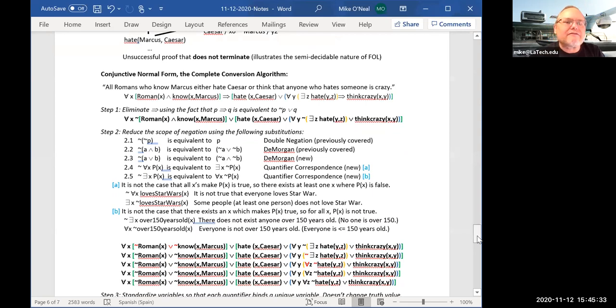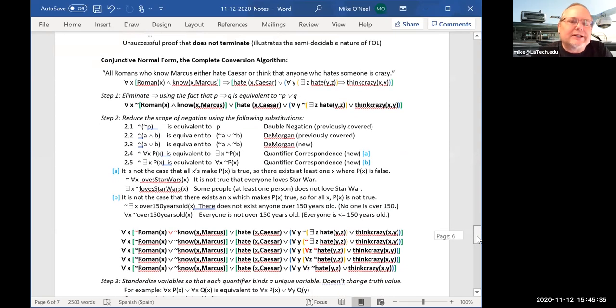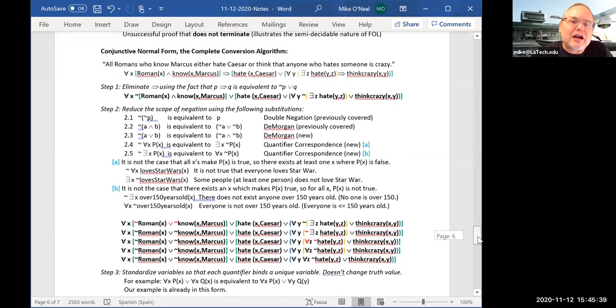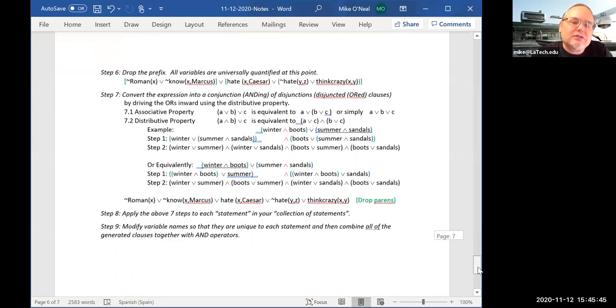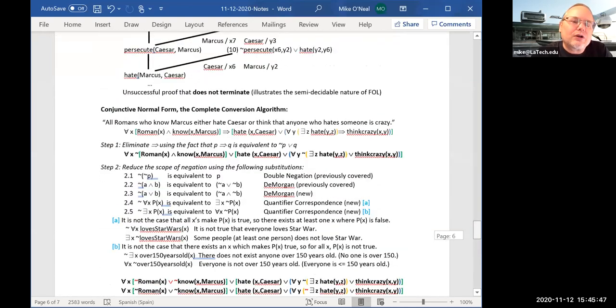For the last 5 minutes, I think you should read through this carefully. It's only about a page. What do I do here?